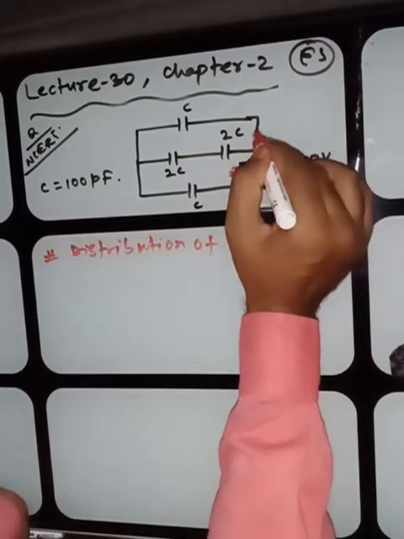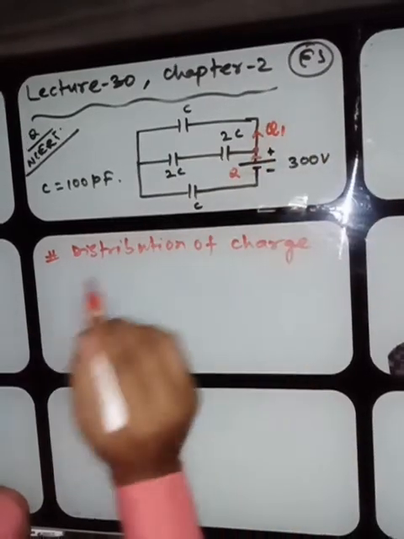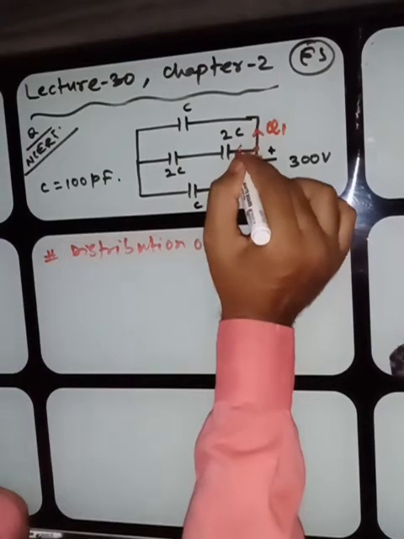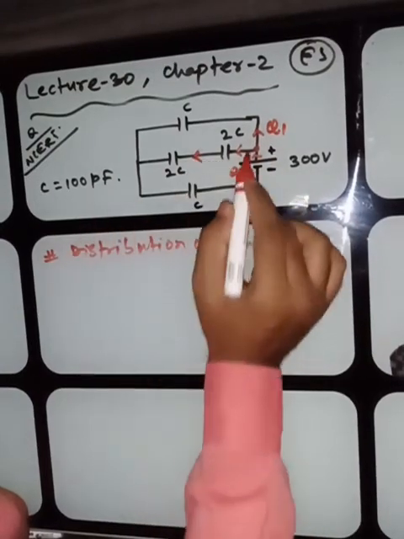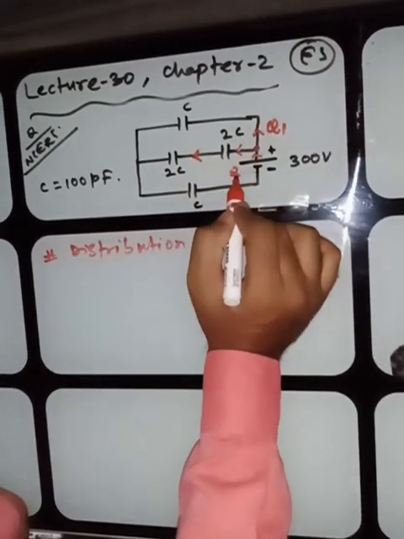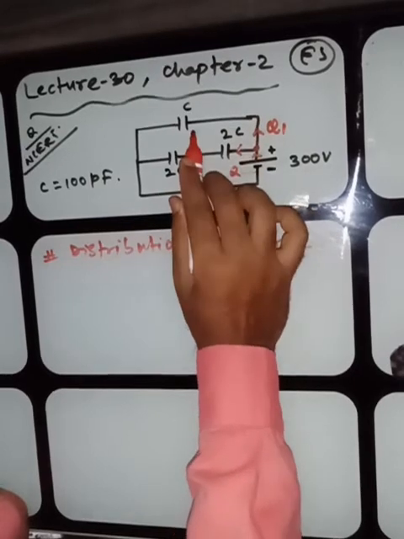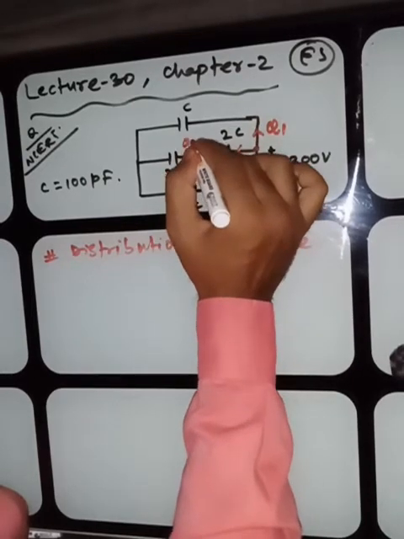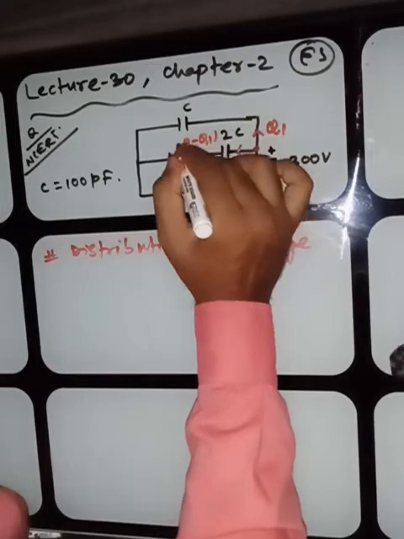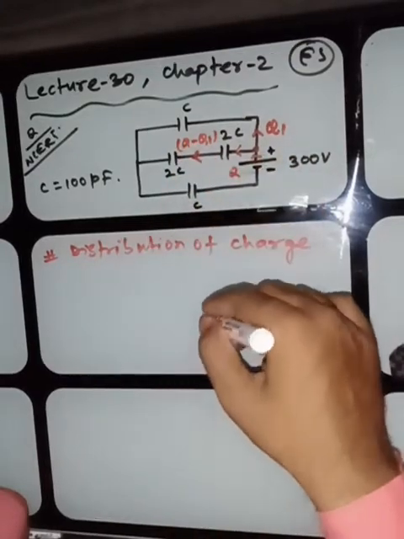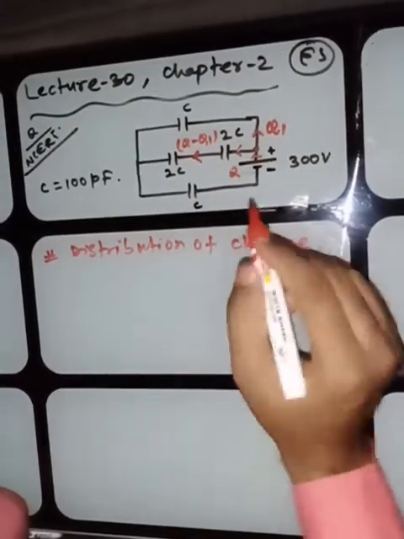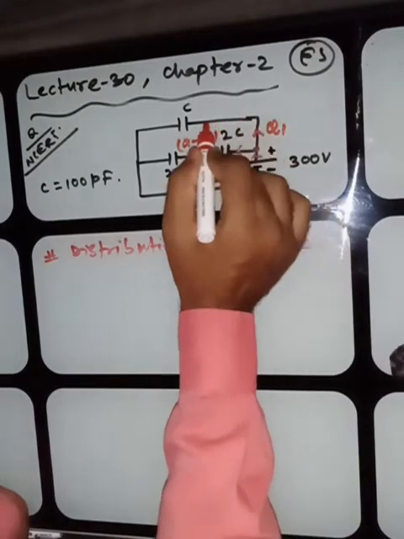Suppose charge Q1 moves in this direction, then what will be the amount of charge that goes in this direction? If it was Q and Q1 goes in this direction, it means Q minus Q1 will go in this direction. Now look here, Q1 is coming.